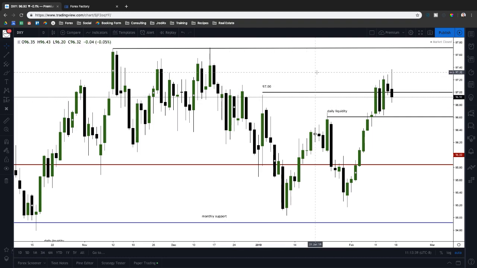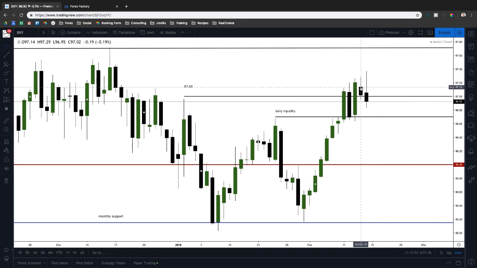So I would like to see it expand above that 97.70 level, potentially into that 98 big figure level. If you're looking in here though, I'm not really too pleased with Thursday and Friday's price action because in my opinion we shouldn't have rejected.